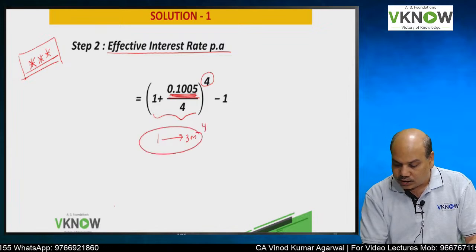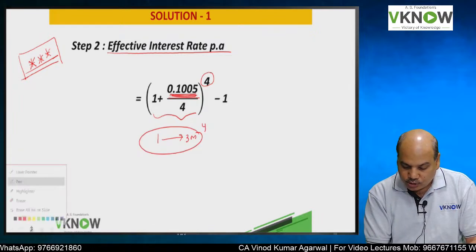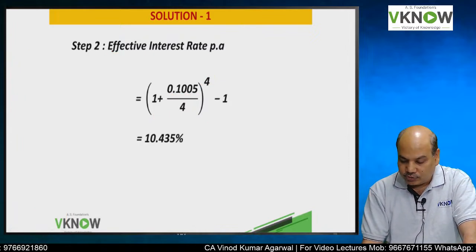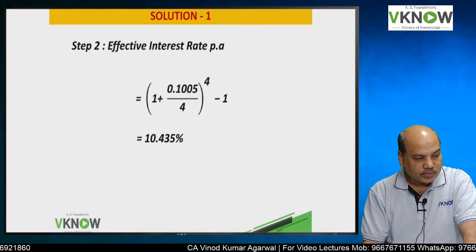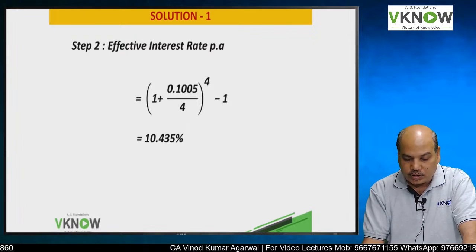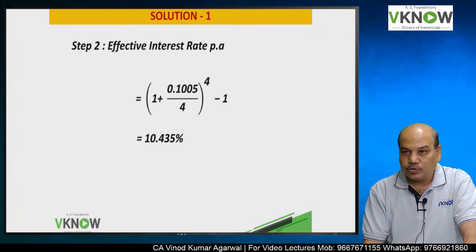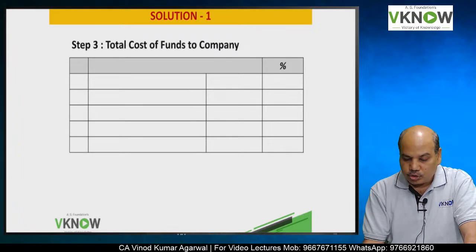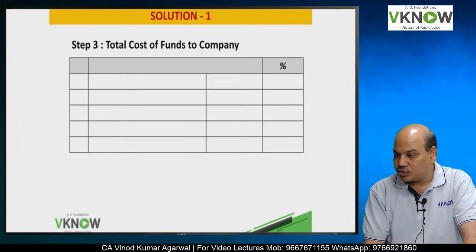And then you have to take the power 4, which gives you effective interest rate per annum compounded annually, minus 1. So here the answer comes to 10.435%.